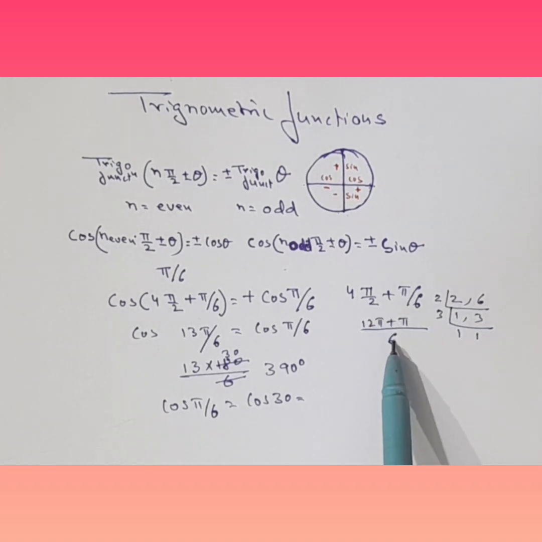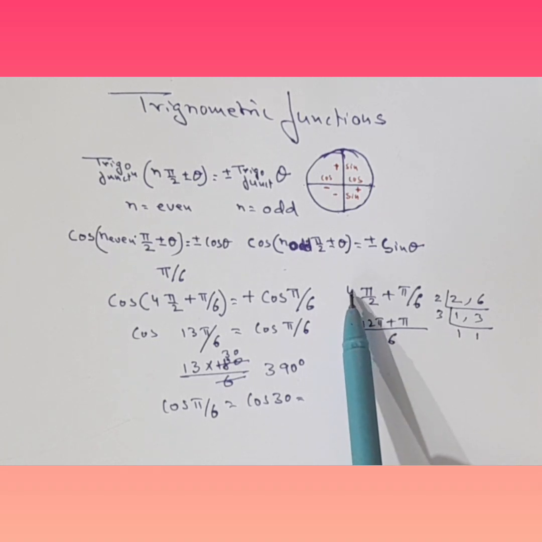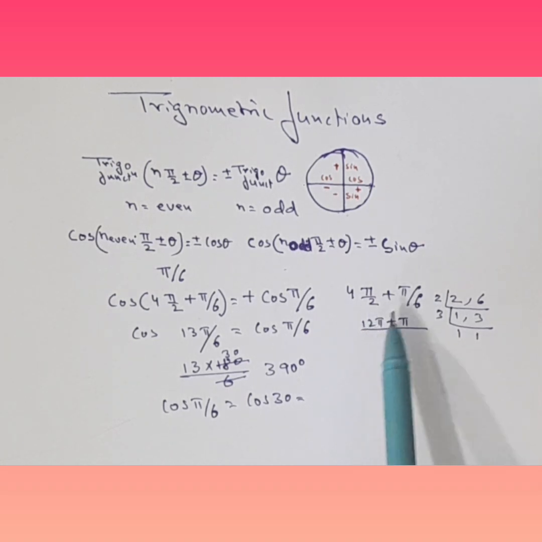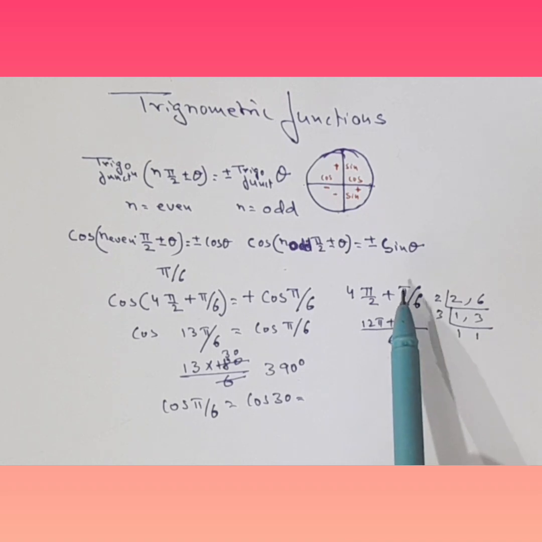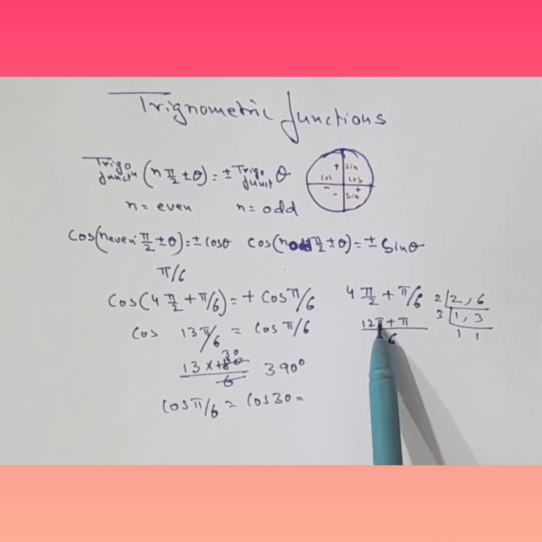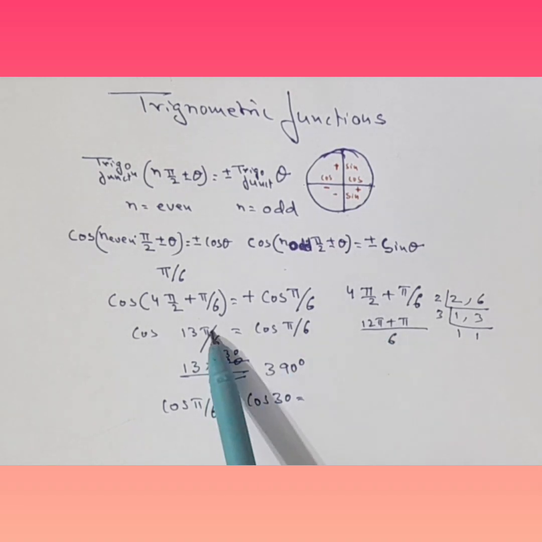Now 2 3s are 6, that 3 we multiply with 4 to get 12 pi, and 6 1s are 6, 1 into pi, that becomes pi. So 12 pi plus pi upon 6, that comes to 13 pi by 6.